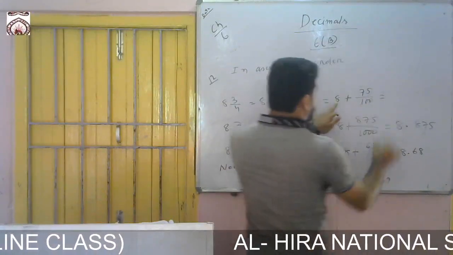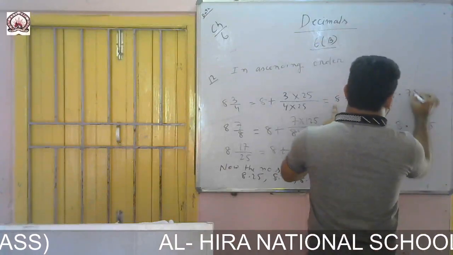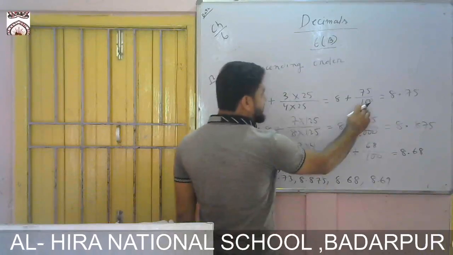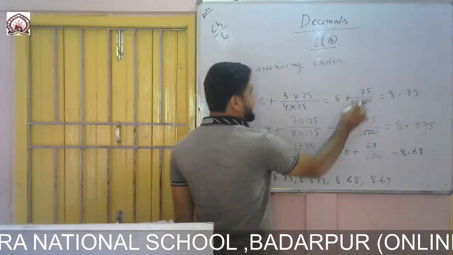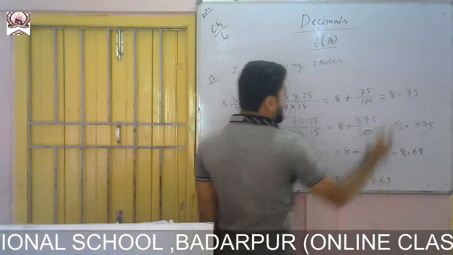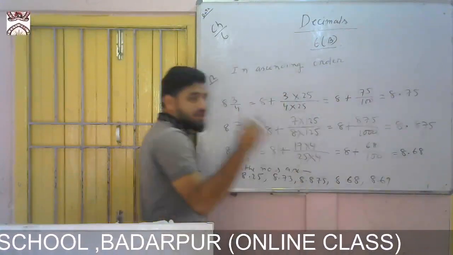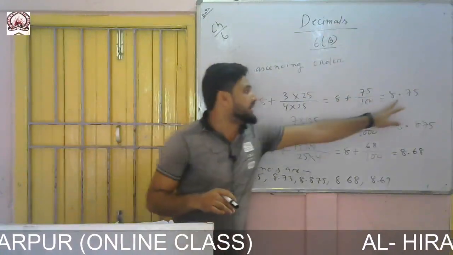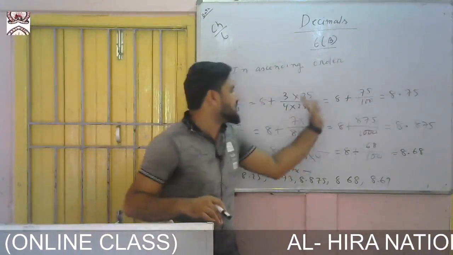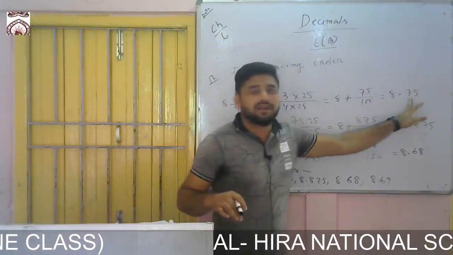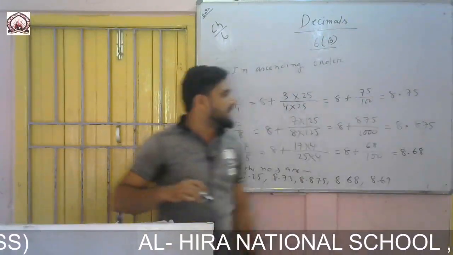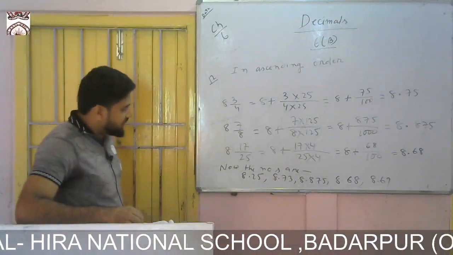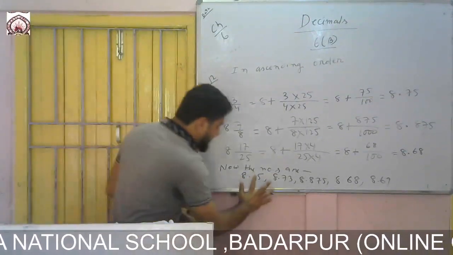So it will be 8.75. How? There are two digits, so the point will shift 2 places left, 1 2, so the point has come here. Okay, so 8.75. Earlier I directly wrote 25; you make it correct. In place of 25 you write 75. Now the number is 8.75.